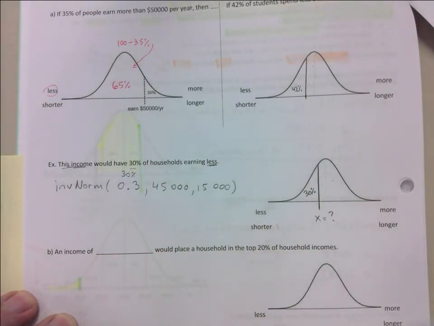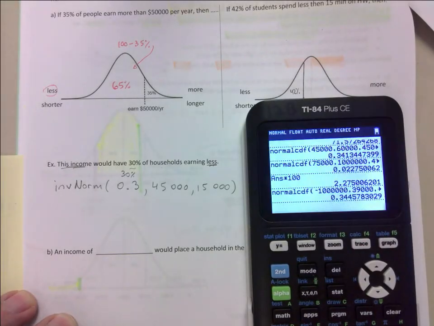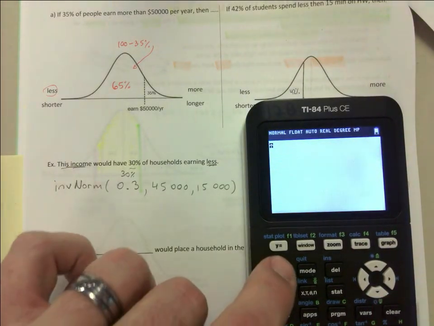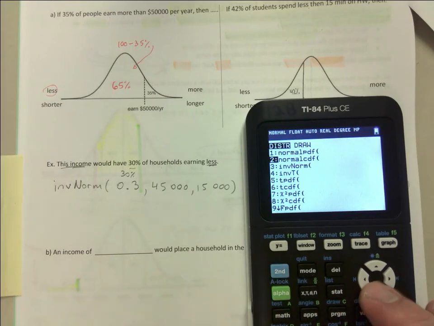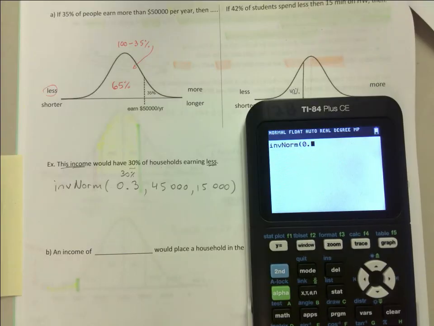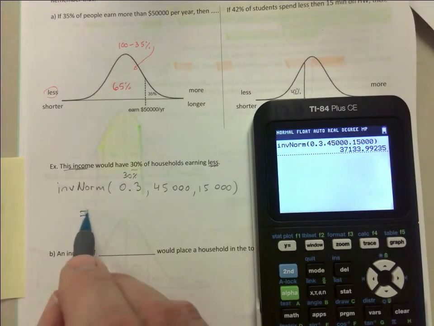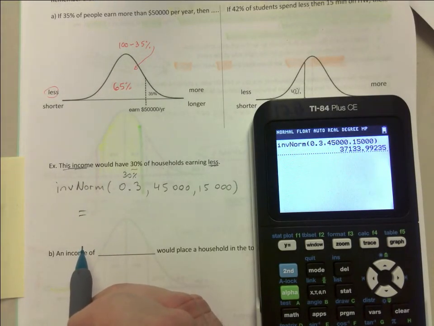So let's go and find out what this is. Second vars, inverse norm, 0.3, comma, 45,000, comma, 15,000. And there it is. This is not a percentage. This is an actual value along the x-axis. So what is that?